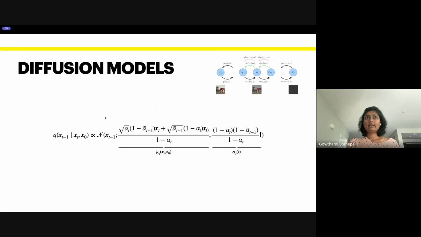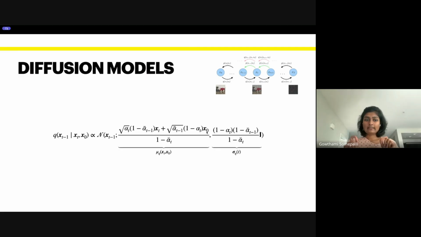So we can write an analytical solution for it, with some super complicated looking terms. Again, don't worry about how it came to be. All it is trying to say is you take some time dependent constant, and you are just scaling xt with it, and then plus another time dependent constant multiplied with x naught.